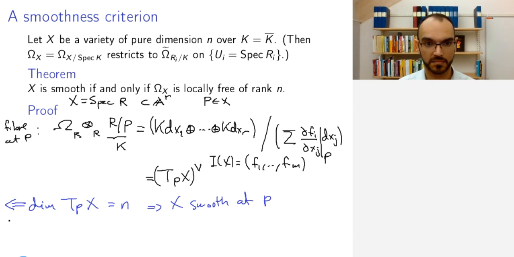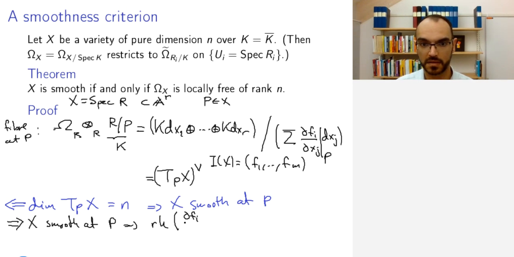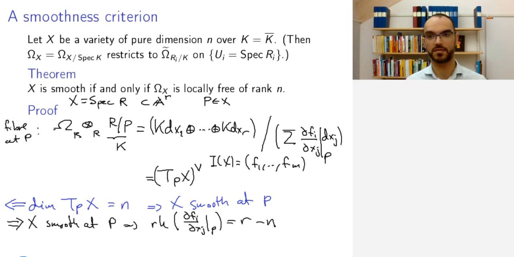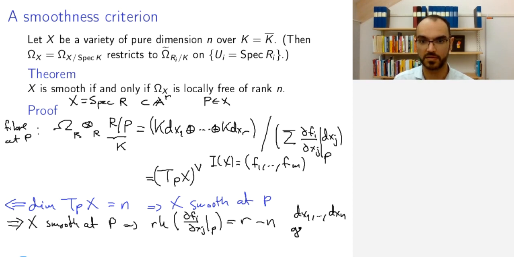In the other direction, assume that X is smooth at P. So that the rank of the Jacobian ∂fi/∂xj at P is r minus n. We know this from the smoothness lecture. But this means that dx1 to dxn generate the tangent space, or rather the cotangent space.